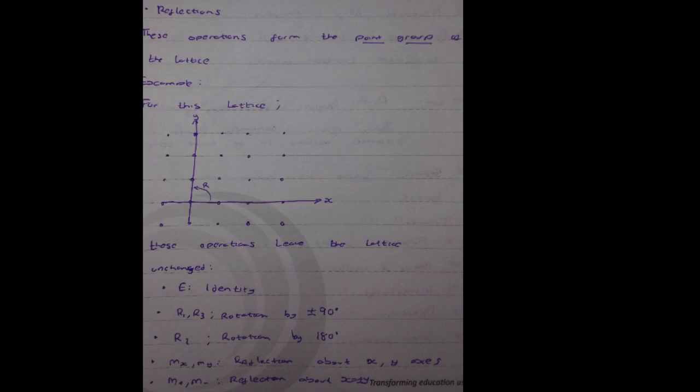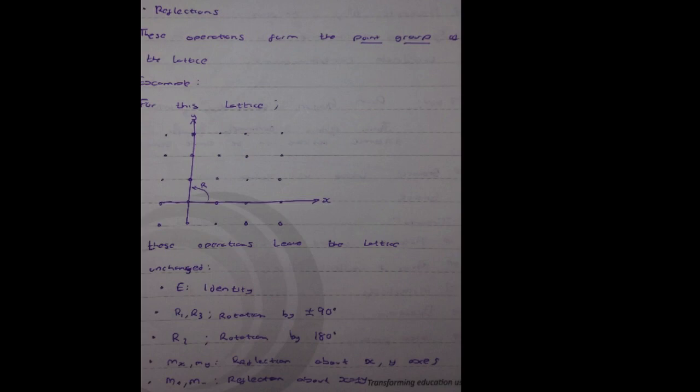We could have a rotation by 180 degrees, reflection about the x or y axis, and finally a reflection about the x equals plus or minus y axis. These are more or less some of the operations that would leave this lattice unchanged, and these are the kind of operations we expect in the point group of our square lattice, this example that I have given.